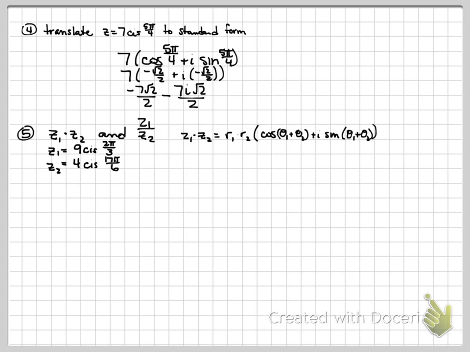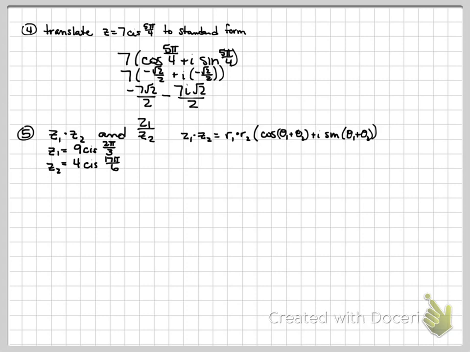And your shortcut will work for this as well. And what I use to help me remember what I need to do is it's kind of similar to working with exponents. I multiply my coefficients out in front, but I would add my exponents. And it kind of follows those same rules.